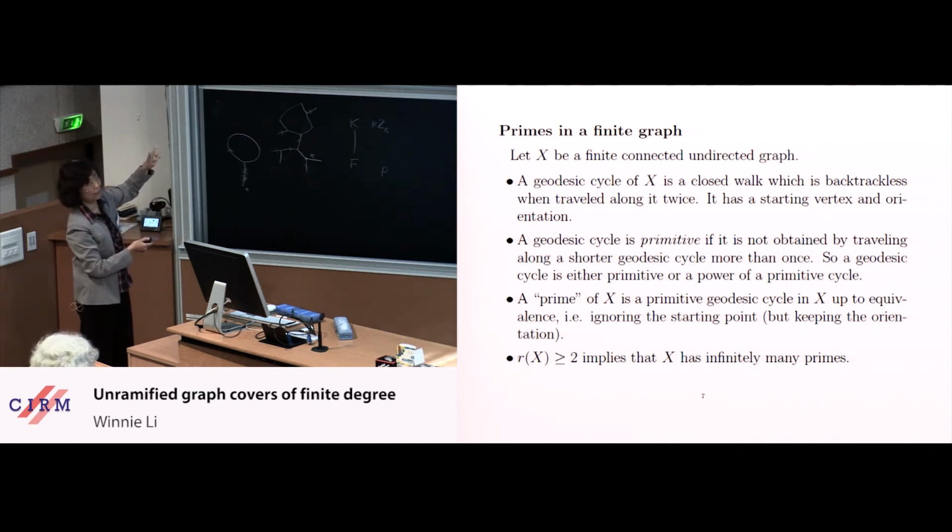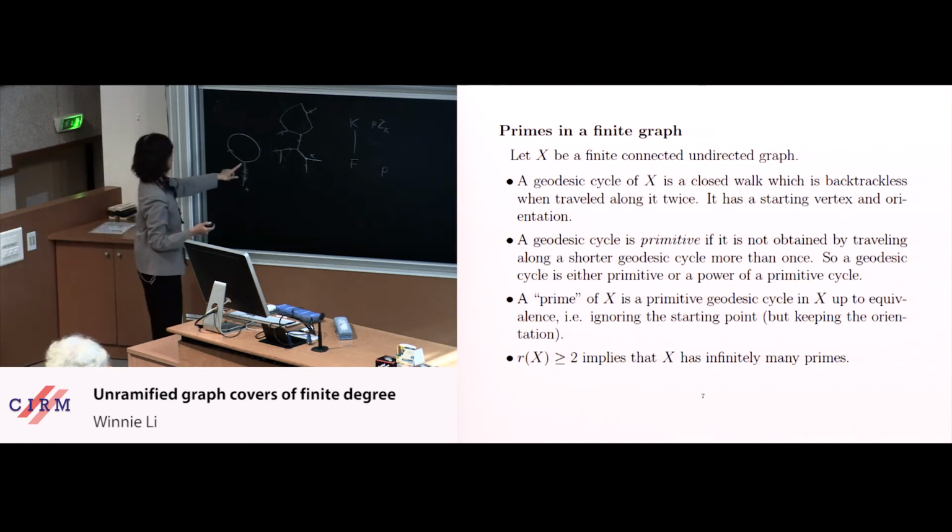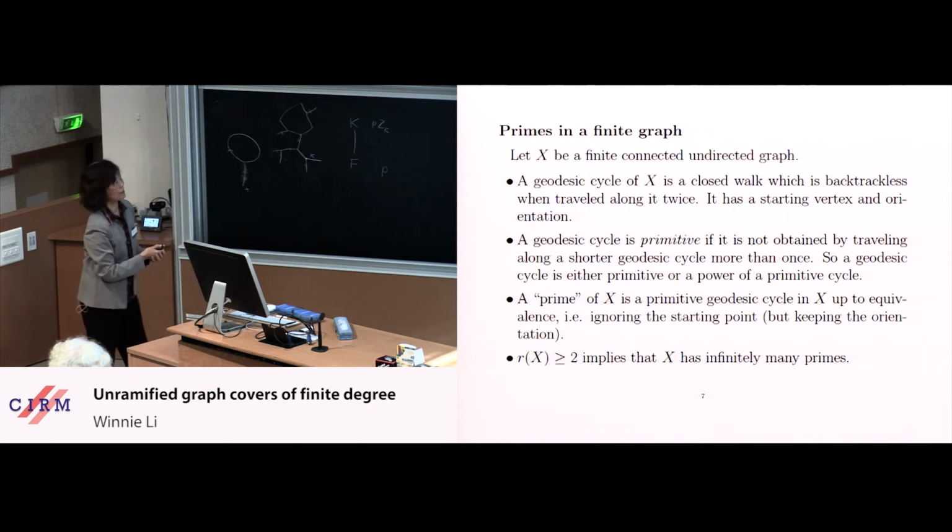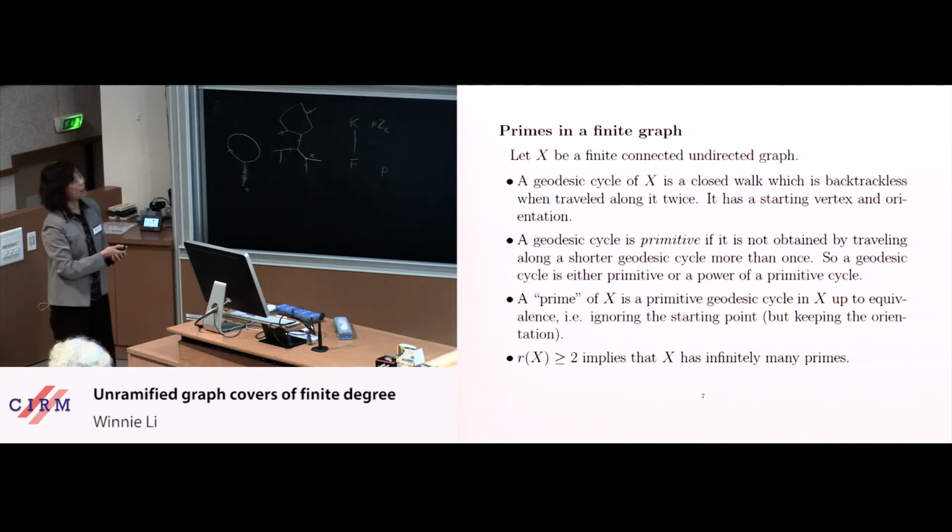So only two kinds. And so for a graph, the primes are the primitive geodesic cycles, but we are going to ignore the starting point, so we call that the equivalence class of the primitive geodesic cycles. Okay. So the assumption that the rank is at least 2 implies that this graph will have infinitely many primes.